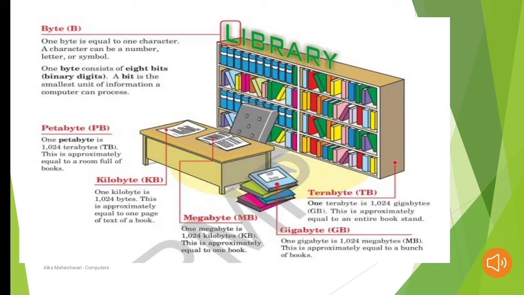Diagrammatically, it is easy to understand units of memory: 1 byte is equal to 1 character, 1 kilobyte is approximately equal to 1 page, 1 megabyte is equal to a book, gigabyte is equal to a bunch of books, terabyte is equal to a bookshelf, and petabyte is equal to a number of bookshelves.